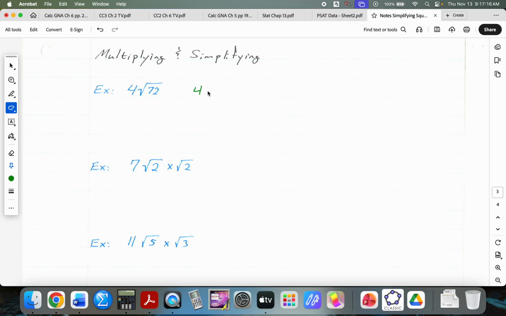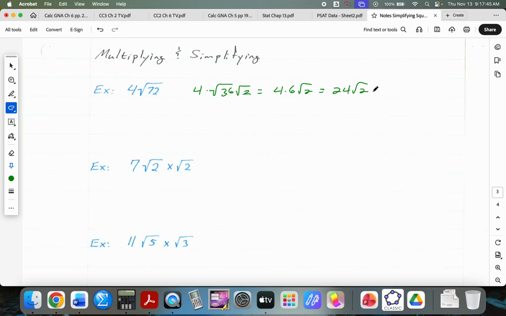So on this one, I think many of you will be able to see what's the largest perfect square that'll divide it. It's 36. I seem to be stuck on that today. So that's going to be 4 times 6 times the square root of 2, which is 24 square roots of 2. You won't be doing that a lot. You will be doing it occasionally.